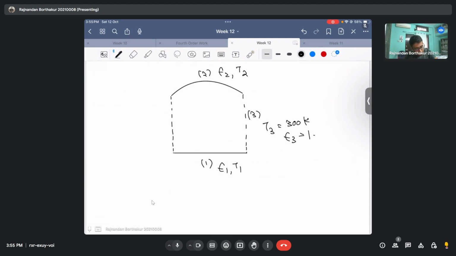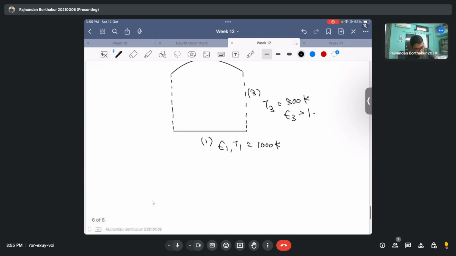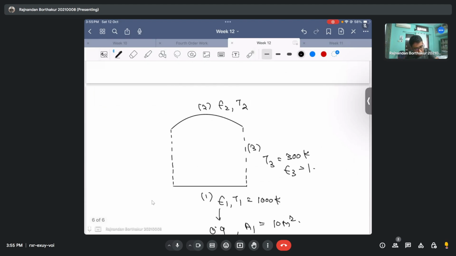My T1 is equal to 1000 Kelvin, if I'm not wrong, and epsilon 1 is equal to 0.9. A1 is given to be 10 meters square, that is the heater area, and T2 is given to be 600 Kelvin, that is the temperature of the collector. Epsilon 2 is given to be 0.5, and A2, the curved surface area of this collector, is given to be 15 meters square.